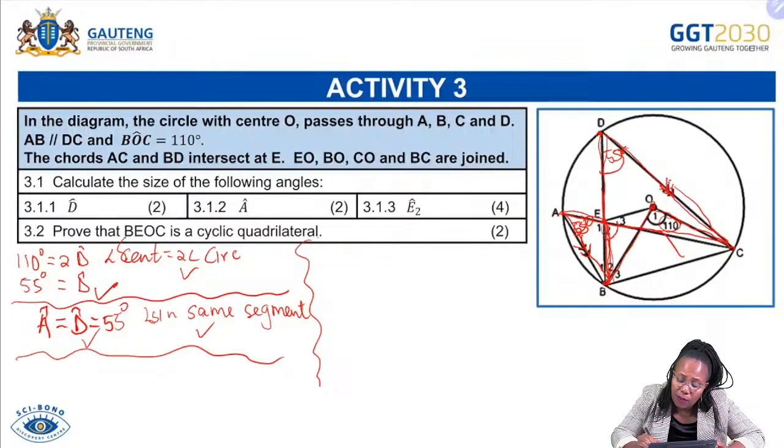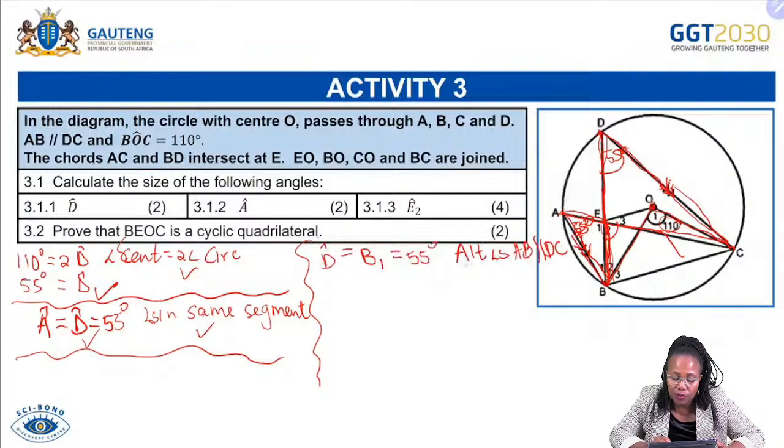That means now, if you look at the Z shape here, angle D is equal to angle B1, which equals 55 degrees. The reason is alternating angles. They form a Z shape. Alternating angles where we have parallel lines AB parallel to DC. Without parallel lines, you can't write this reason.